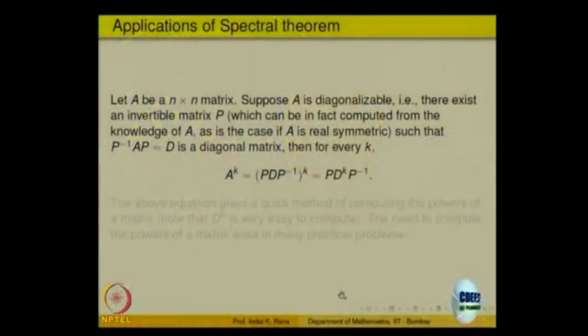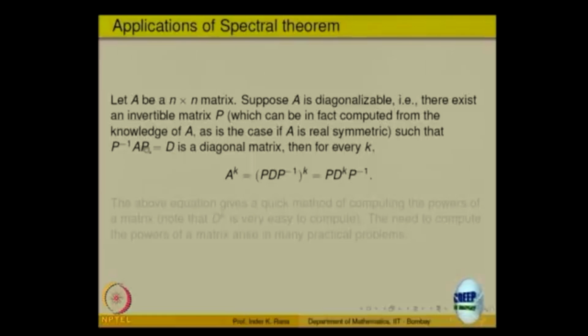So what are the applications? I think in the beginning I had said, once you are able to diagonalize a matrix, there are a lot of advantages. One is, supposing a matrix A is diagonalizable, that means there is an invertible matrix P so that P inverse A P is equal to D, right.